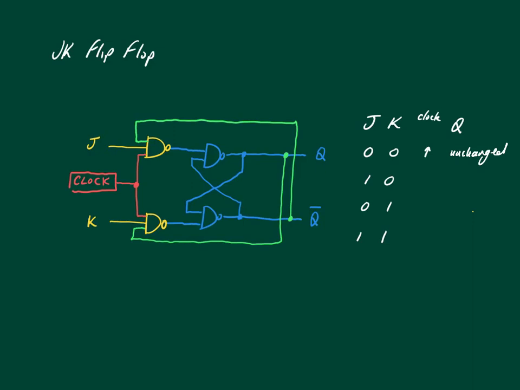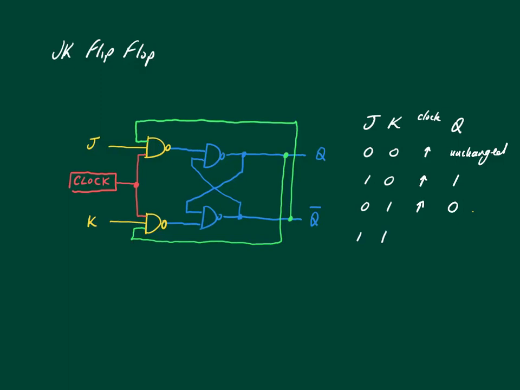But if J changes to 1, and the clock pulses and K stays low, then Q will always become 1. Similarly, if J is 0, but K is pulsed to 1, and then the clock pulses, then Q will always change to 0.